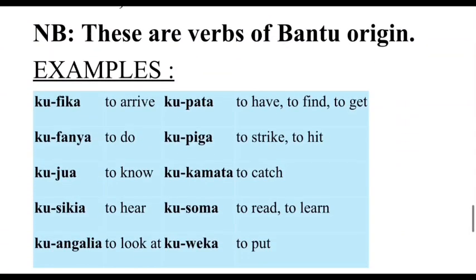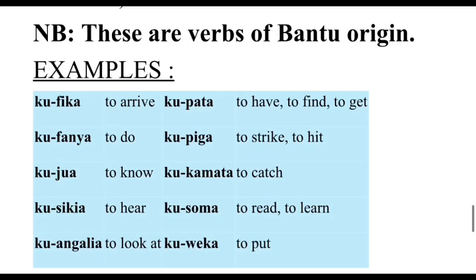As shown in the examples you see below, you will see that Kiswahili verbs of Bantu origin always end in a in the infinitive. There are, however, a few exceptions, especially with verbs that have been borrowed from Arabic into the language.